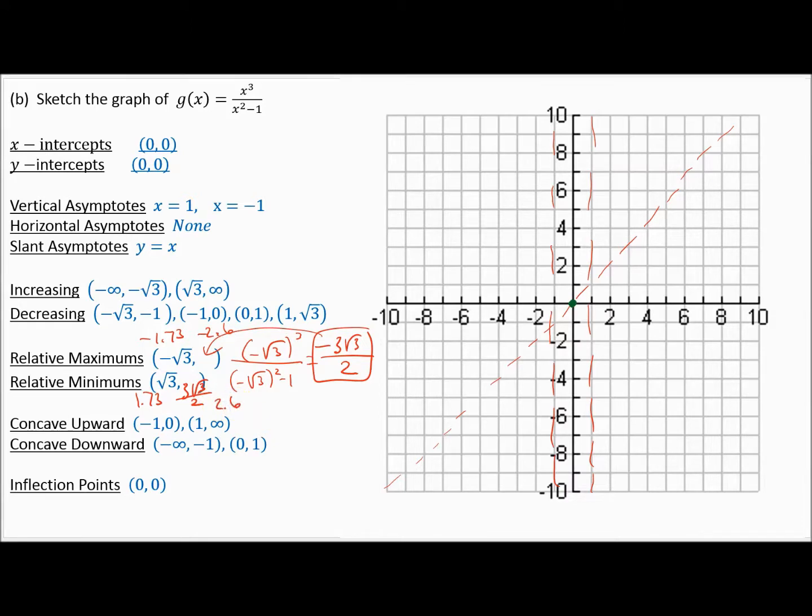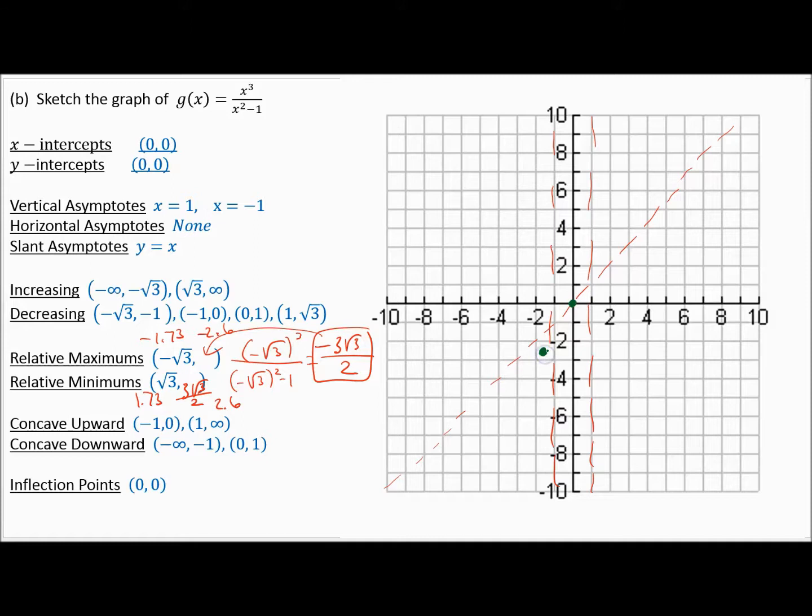I was doing that in green, so I'm going to go back to the green. -1.73 and then -2.6. We'll just do the best we can with that, about there. And on the other hand, +1.73. Oh, that point disappeared. Did y'all see that? So -1.73, -2.6.